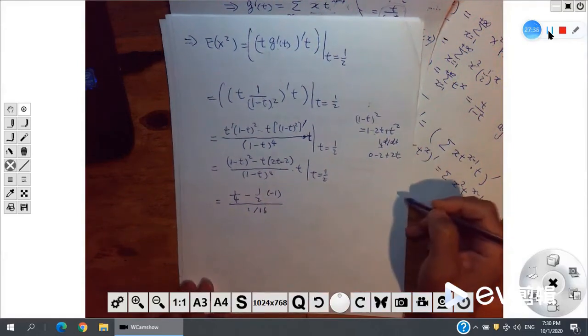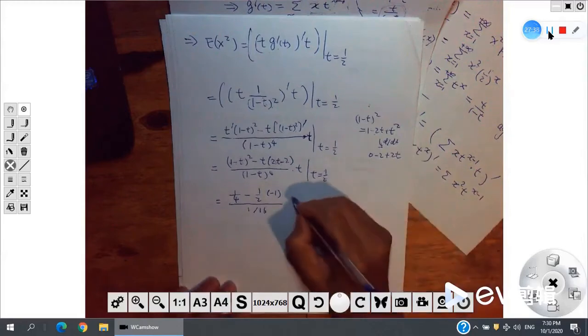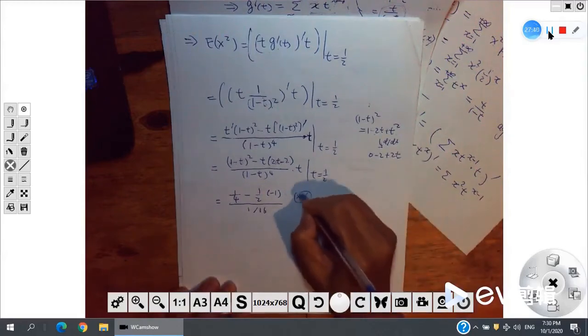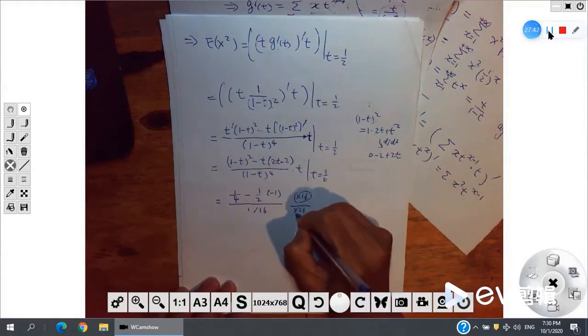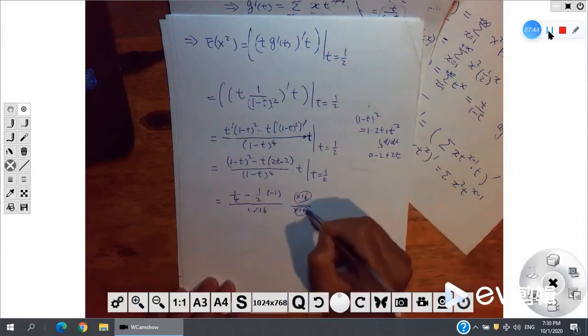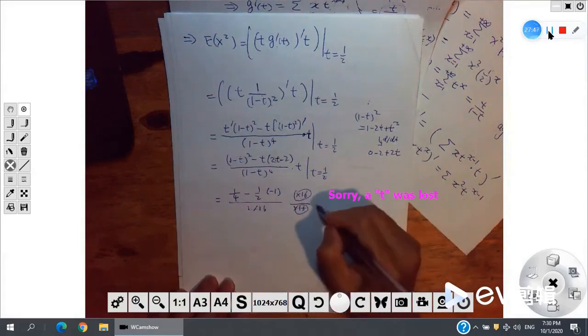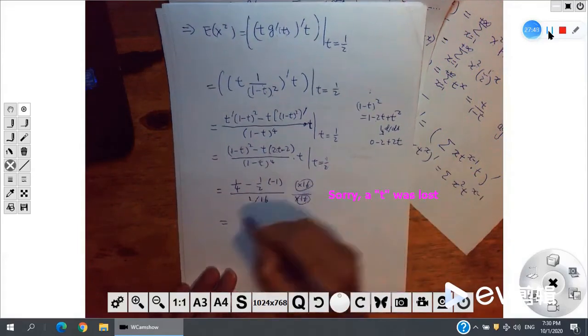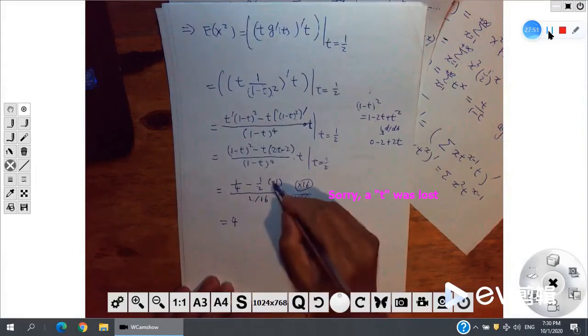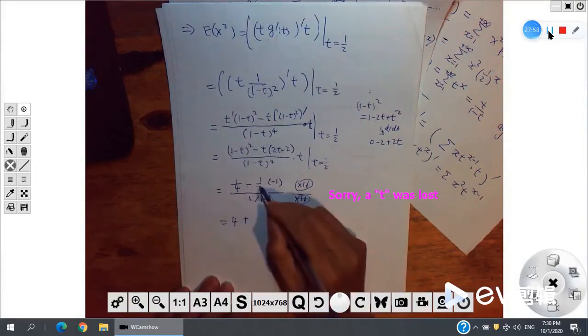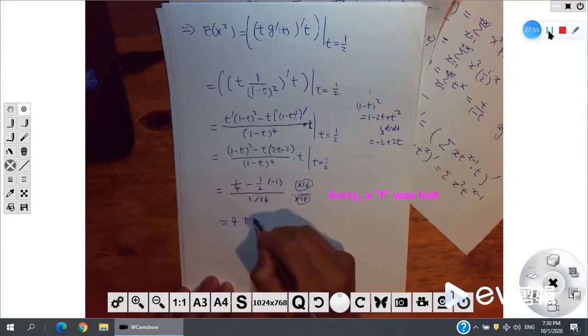Let me multiply by 16 on both numerator and denominator. The denominator cancels, and the numerator becomes 4, and minus minus is plus, and 1/2 times 16 gives 8. I got 12.